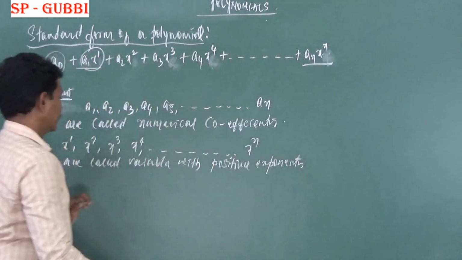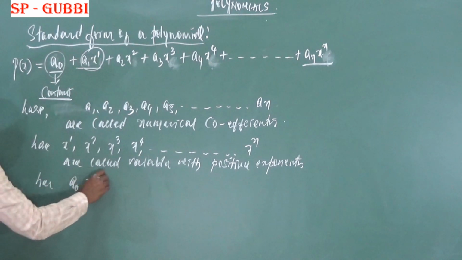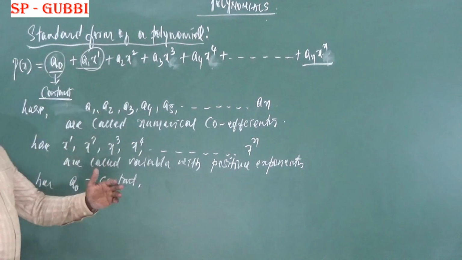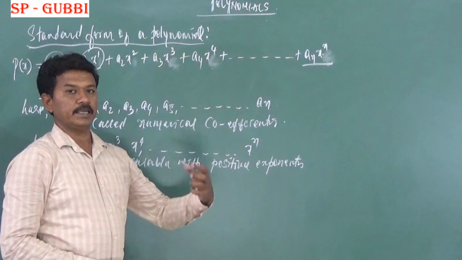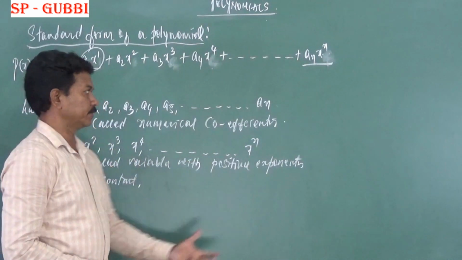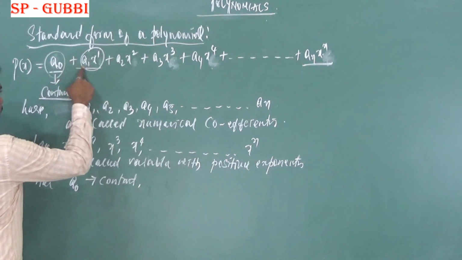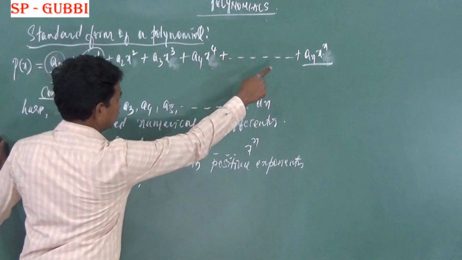Okay, and again here A base 0 is called constant. Constant in the sense it is 3, minus 7, 6, 8, which is without a variable with it. A1 is a constant, A2 is a constant, A3 is a constant, A4 is a constant, A n is a constant.